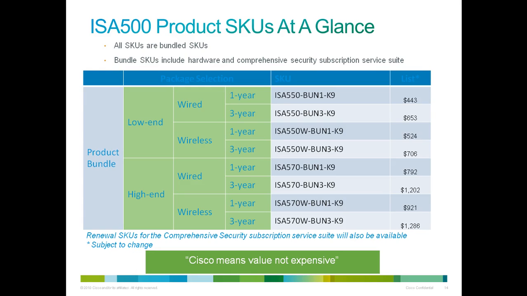This is the product SKU of the ISA500. We have 1 year and 3 year subscription. The pricing is including the hardware itself, the software subscription for the 7 features, and warranty for 1 year.